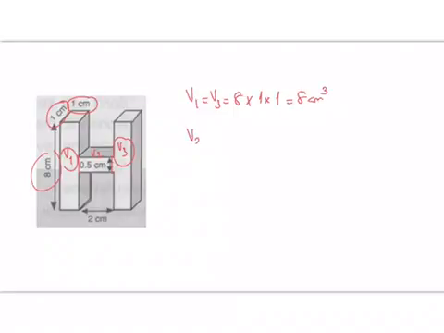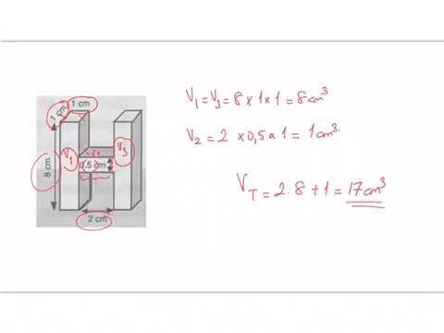The volume of V2 is equal to the width 2 times the height 0.5 times the same thickness of 1, which is equal to 1 cm³. So the total will be 2 times 8 plus 1, which is equal to 17 cm³.